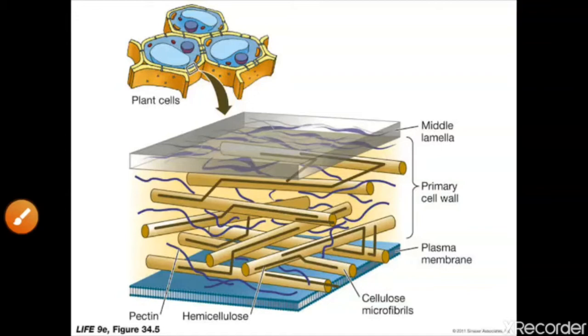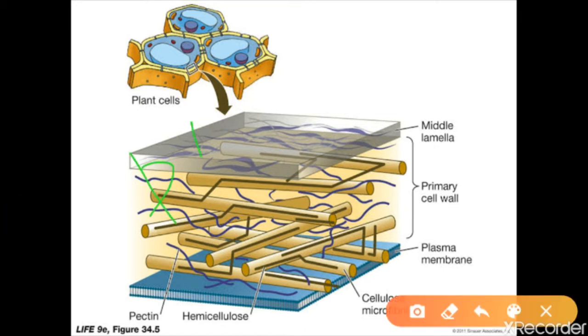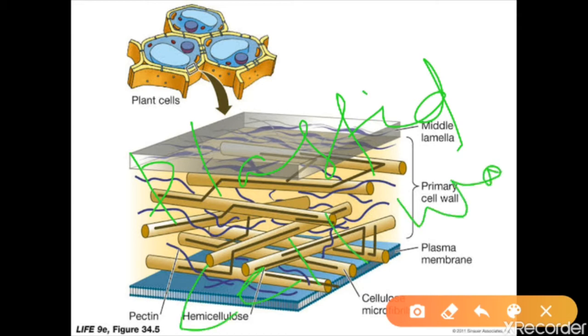So here we come with our new topic, that is the plastid, and we will read about the cell wall. That means the plastid and the cell wall. Both things come under the plant cell.